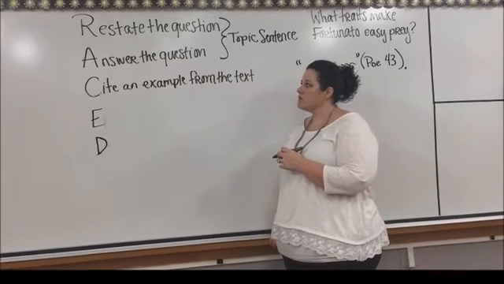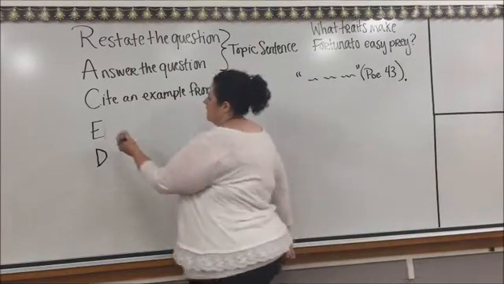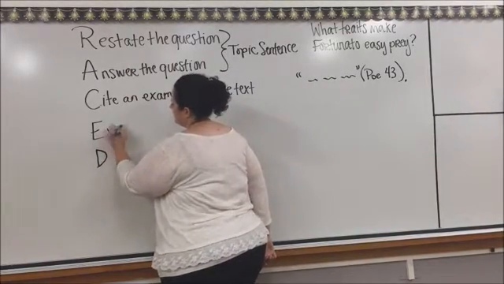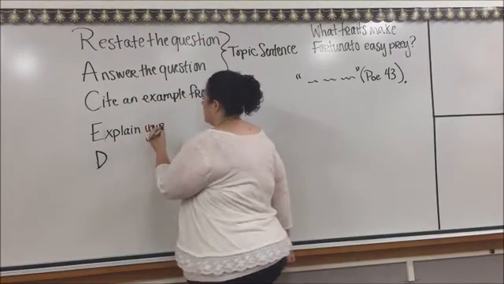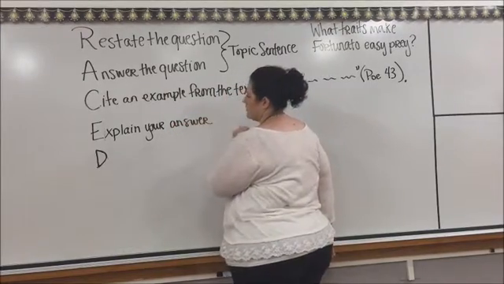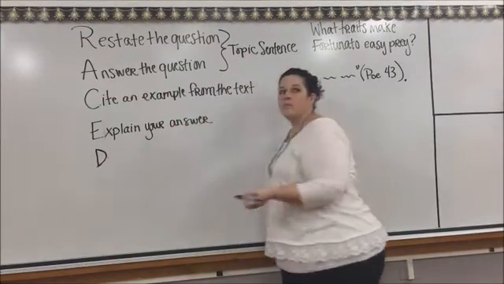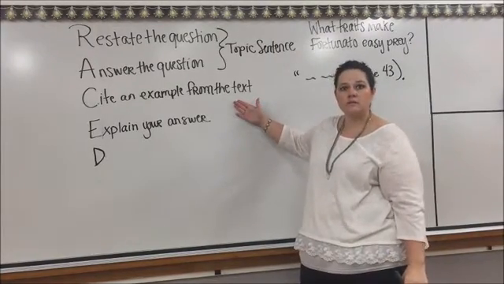The next step after you cite an example is to explain your answer. Now, this step is important because a lot of you want to stop after you've cited an example. You say, well, Miss Barley, you said that that was the most important step, and it is.